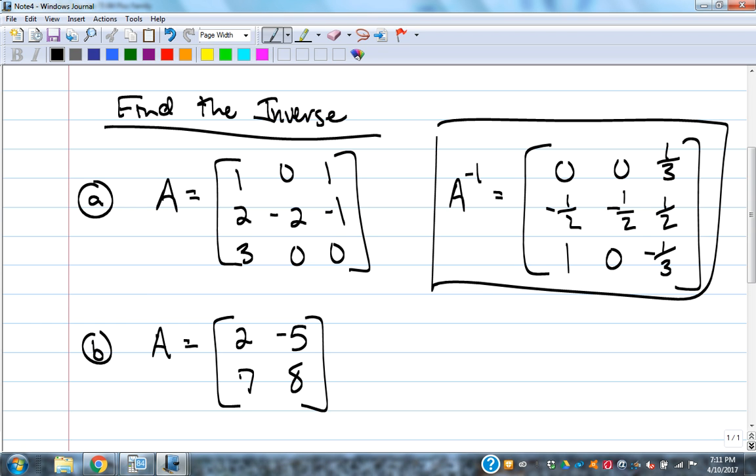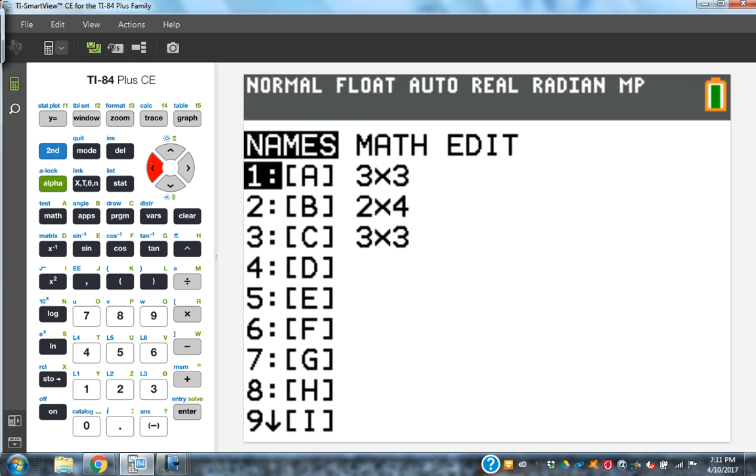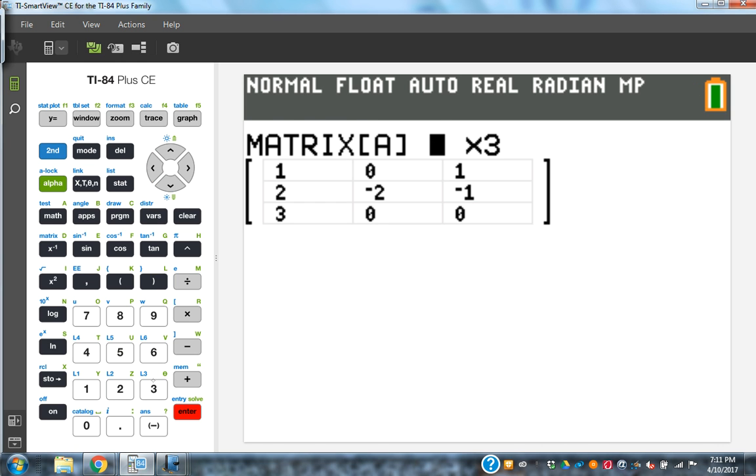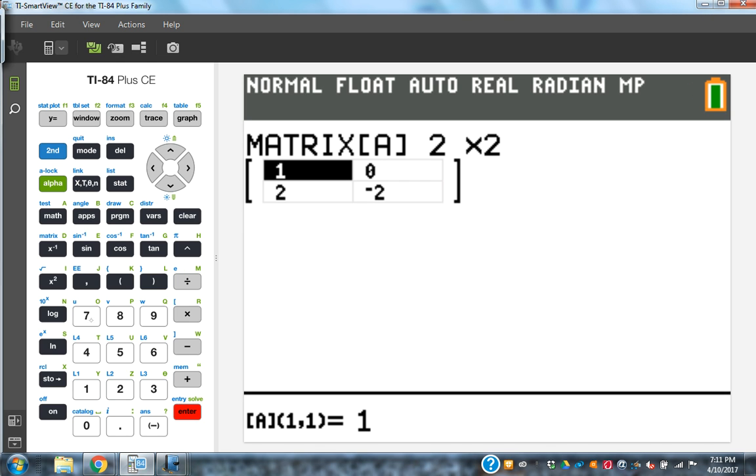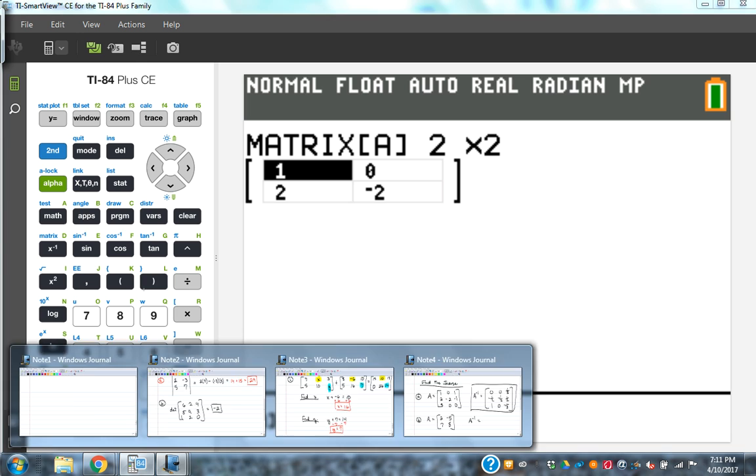Inverses have the same rule. So in my calculator, I'm going to type in that matrix. Unlike determinants, 2 by 2 inverses are not always easy to get.